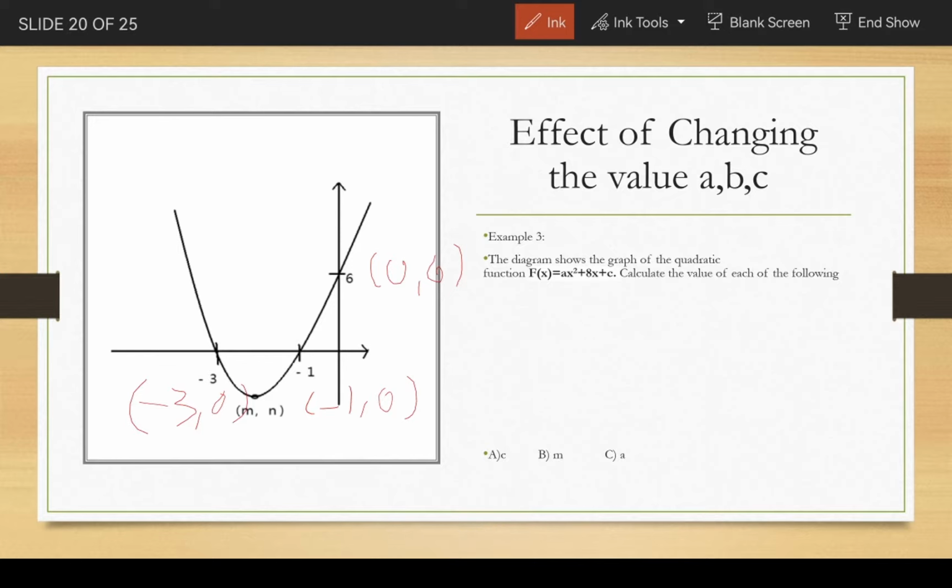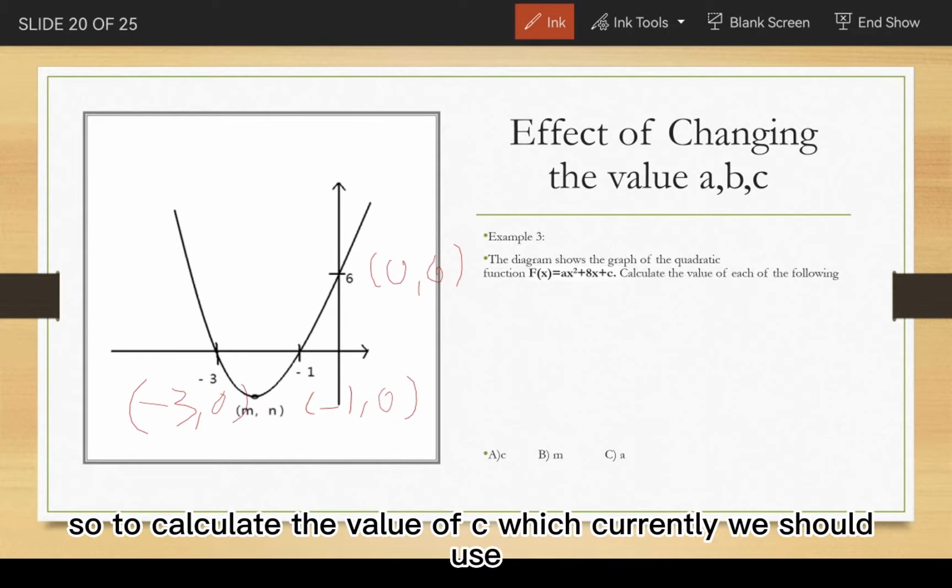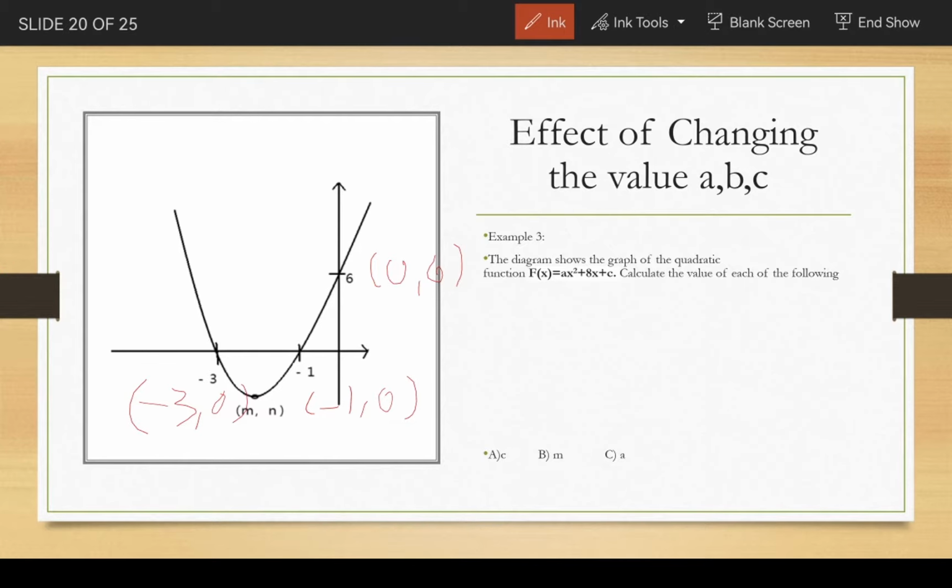Alright. To calculate the value of c, which coordinate should we use? Our quadratic equation is f(x) equals ax squared plus bx plus c.